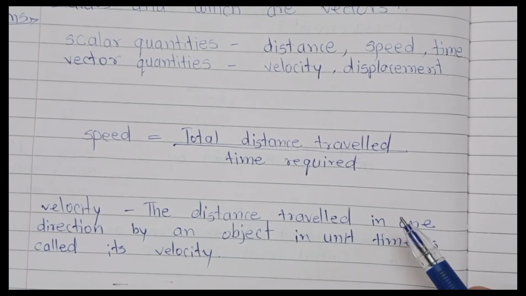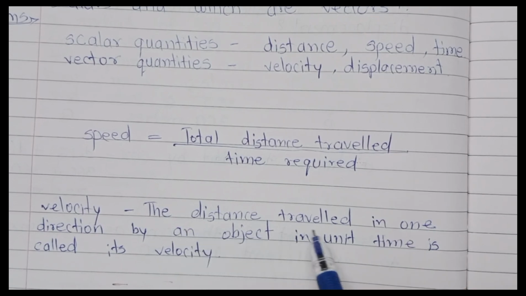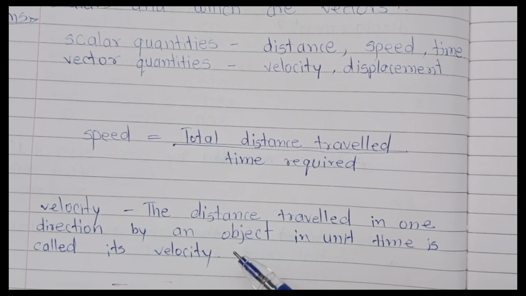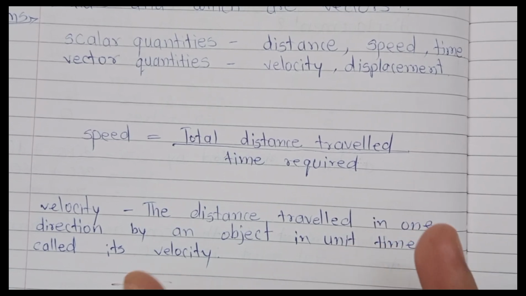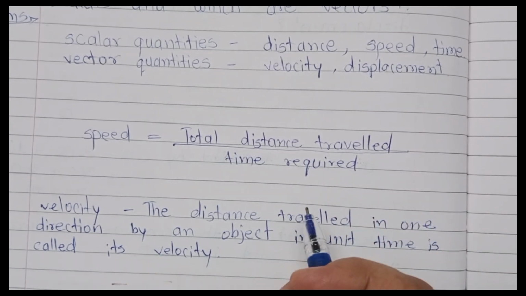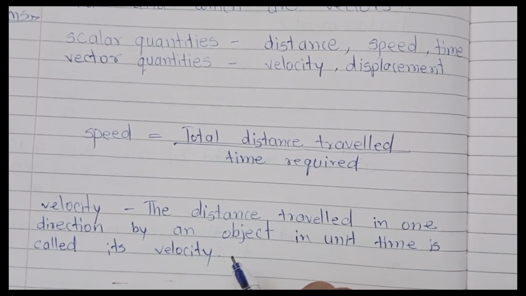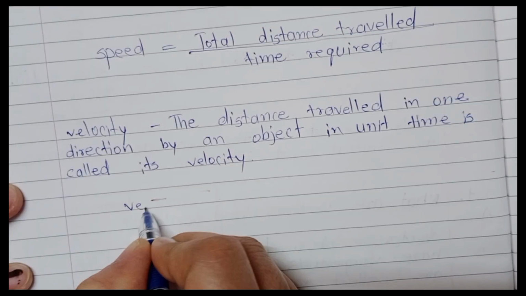Whatever minimum distance traveled in one direction by an object, that is, the displacement that occurs in unit time, is called velocity. Do you understand, students, what is the meaning of velocity? You have to learn all the definitions from this chapter.